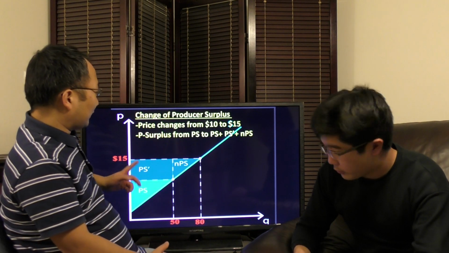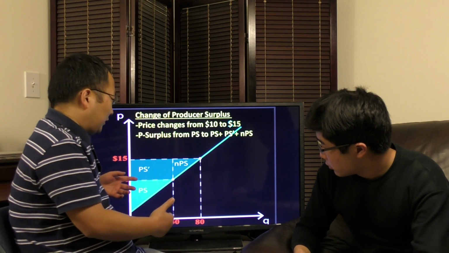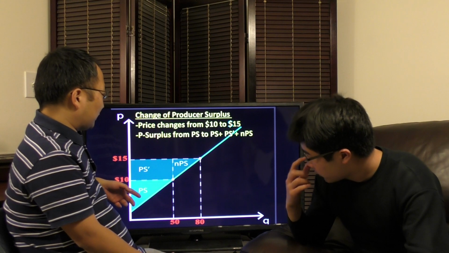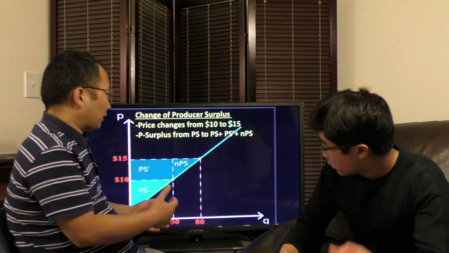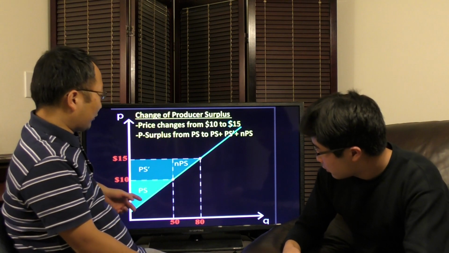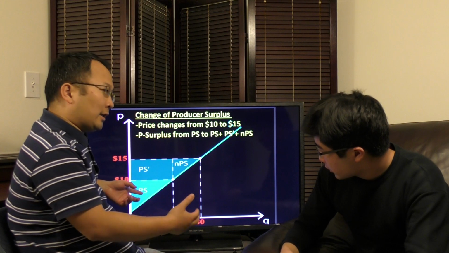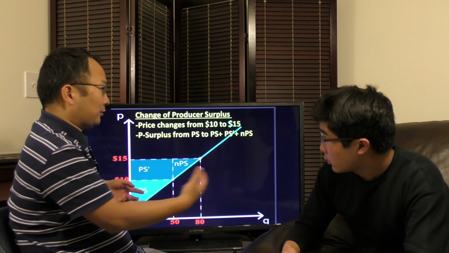Again, it's just the flip side of the consumer surplus. We want to stress here that it reflects the fact that we have different producers. Some producers are efficient. At $10 they can still sell, because they are willing to sell at 8 or 4 and the market price is 10. They're happy, so they go sell.